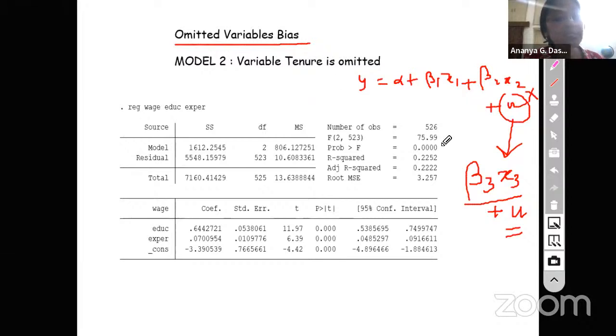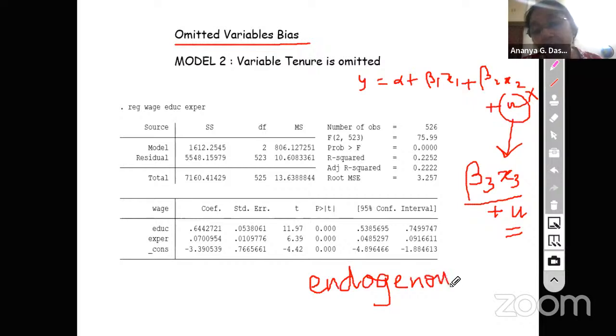If they are correlated with your x, then they are all sitting in your errors and creating a problem of what we call endogenous regressors. So endogenous regressors occur when your errors are correlated with your regressors. And omitted variables is a ripe case for creating that kind of a problem.